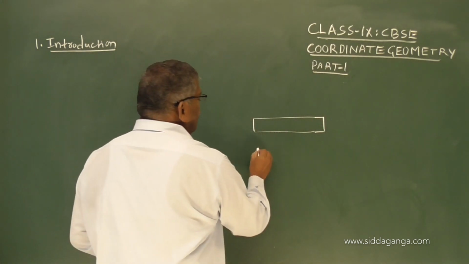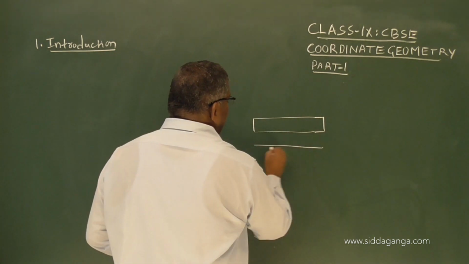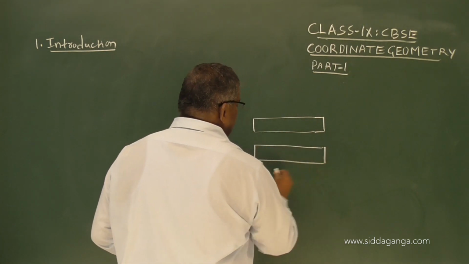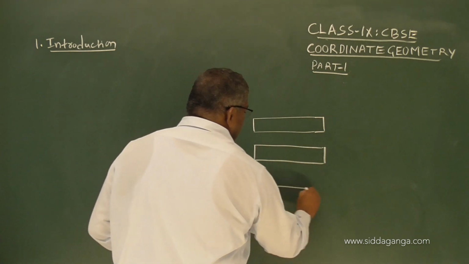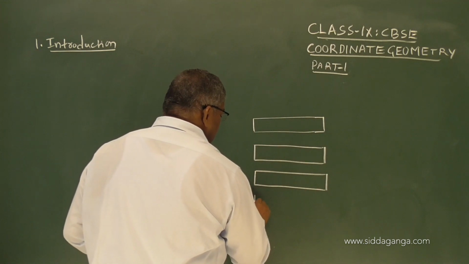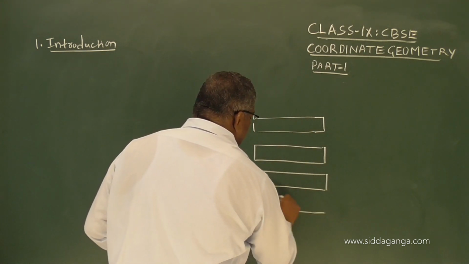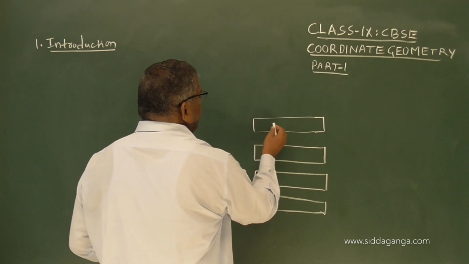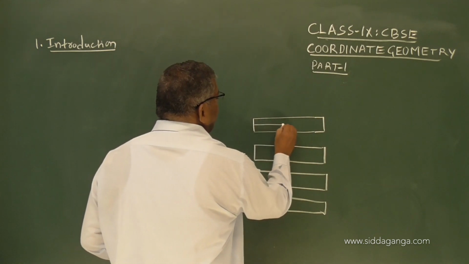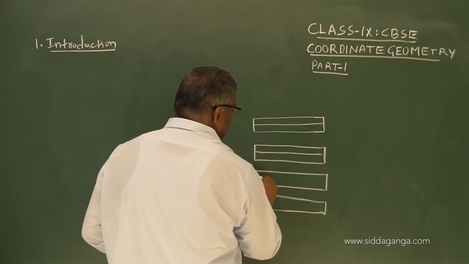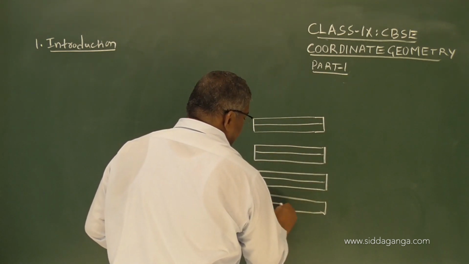and this is the colony where your friend's residence is situated, and these are the houses. So let us say I will bifurcate this, and this, and this.